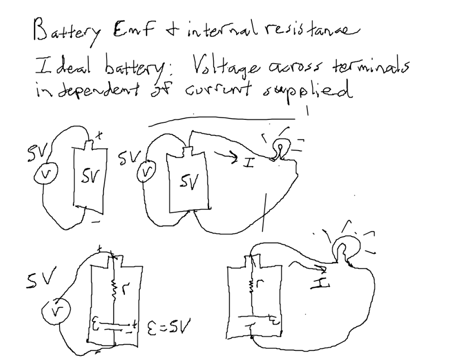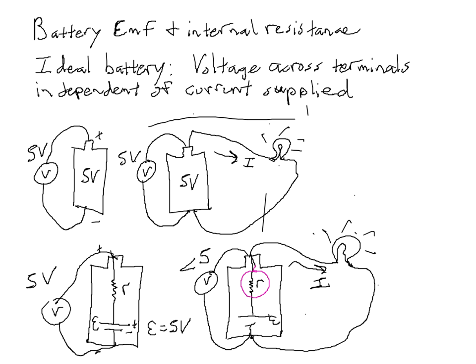But this time, if I hook a voltmeter up to it, I'm going to measure something less than 5 volts, because part of the voltage drop is occurring inside the battery at that resistor.